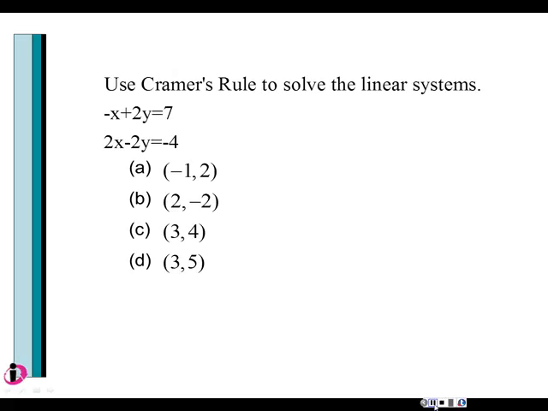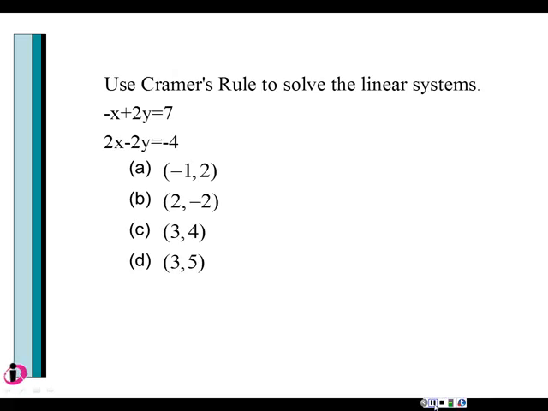For the denominator for x, it is -1 times -2, which is 2, negative sign, 2 times 2, which is 4. So here we have -2 in the denominator. In the numerator we have -14 plus 8, which is -6. If we solve it, it will be 3. Do you have 3 for x?